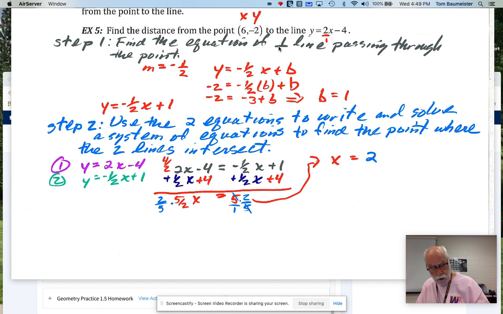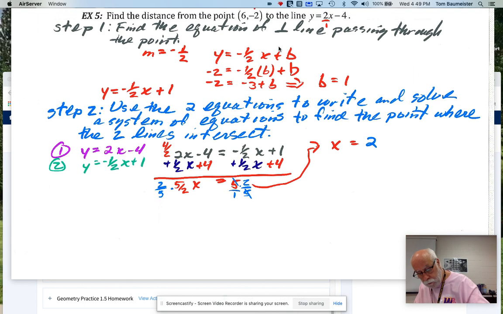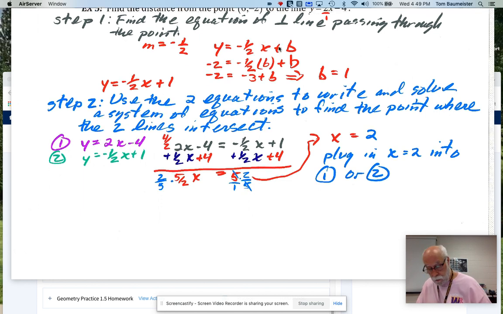All right, so now we're going to plug that into either equation, into 1 or 2. Well, I'm like you guys, I'm lazy. I'll use the one that doesn't have a fraction if I can. So I'll have y is equal to 2 times 2 minus 4, which is 4 minus 4, which is equal to 0.